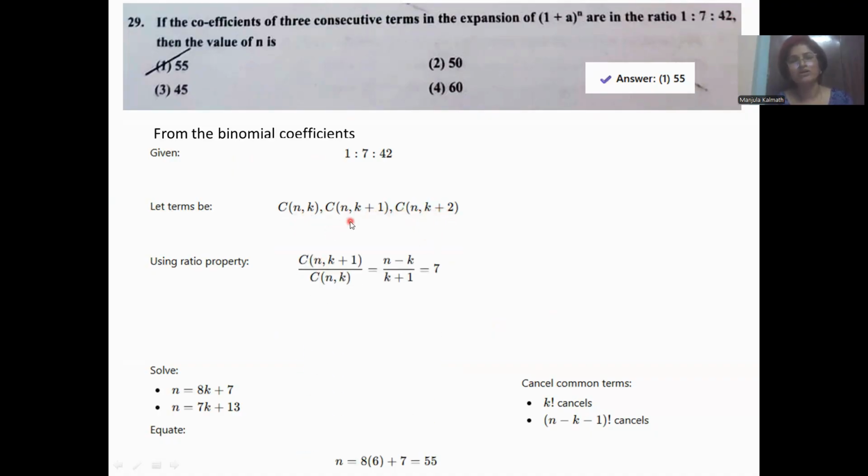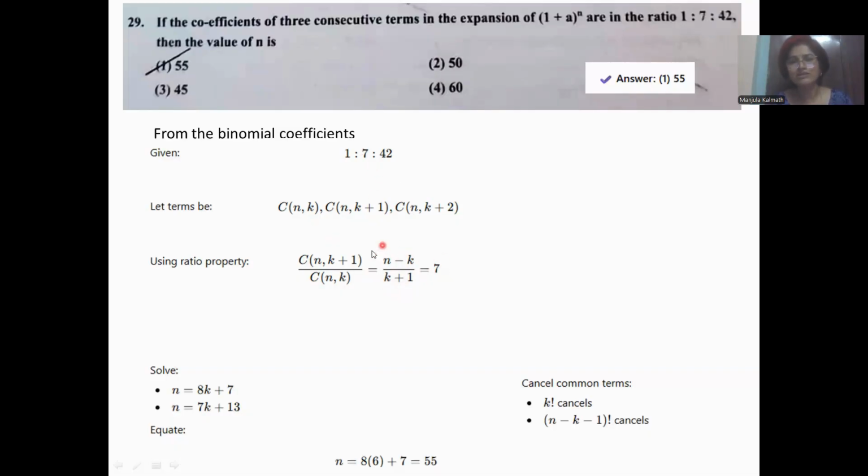So here we have the first term, second term, third term, and fourth, like that it will continue. In this problem, we have to take only up to the third term. So here we have the ratio of the second term and first term, that is C(n,k+1) divided by C(n,k), which is nothing but (n minus k) divided by (k plus 1). That is 7, it is given here.